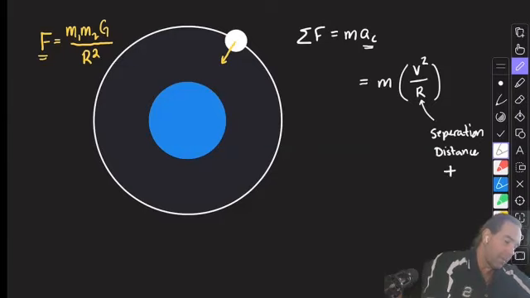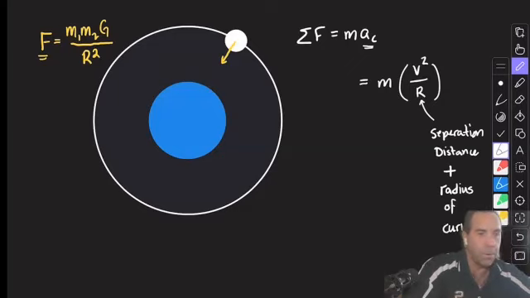And it's the radius of curvature. That capital R stands for both. In Newton's law of gravity, it's not the radius of curvature, it's the separation distance. In the centripetal acceleration, it's the radius of curvature.